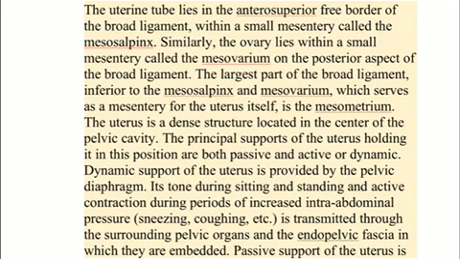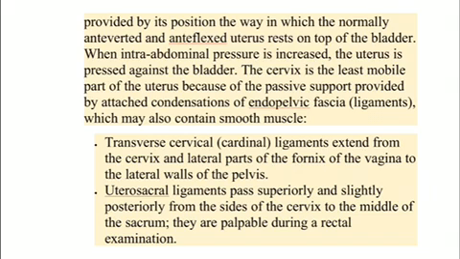Passive support of the uterus is provided by its position, the anteverted and the anteflexed position, the way the uterus rests on the top of the bladder. So that gives passive support of the uterus. When intra-abdominal pressure is increased, the uterus is pressed against the bladder, so it has passive support there.